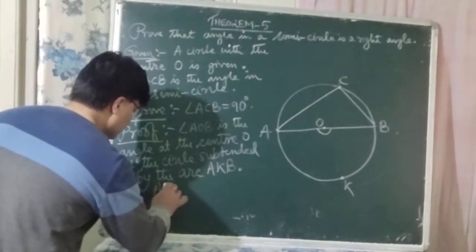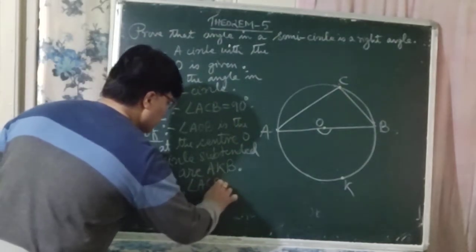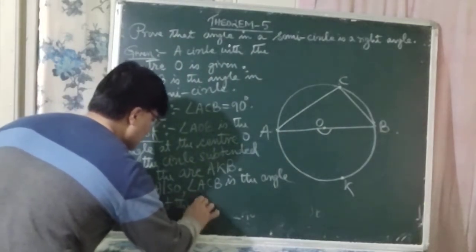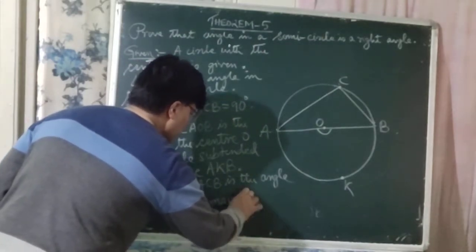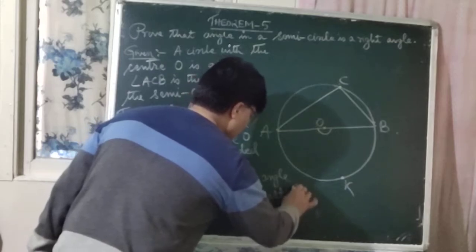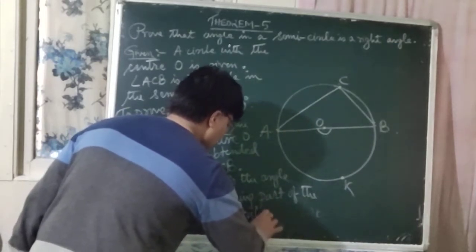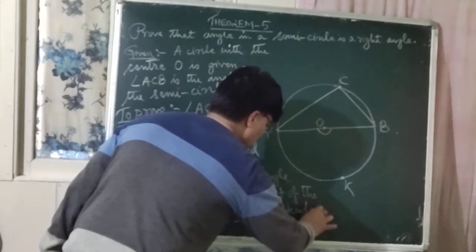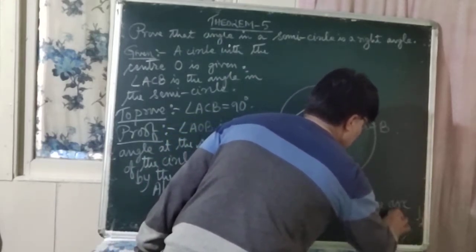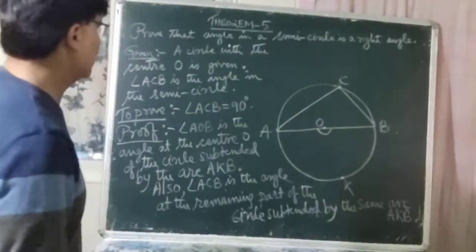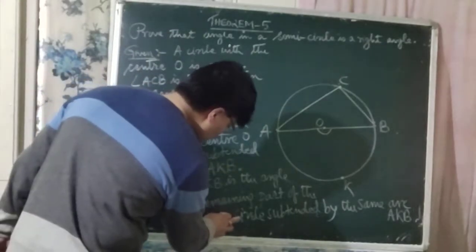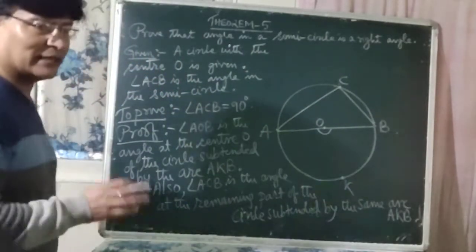And also angle ACB is the angle at the remaining part of the circle subtended by the same arc AKB. Full stop. Right?